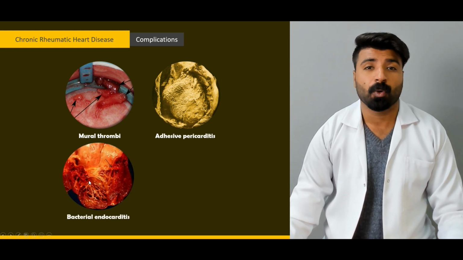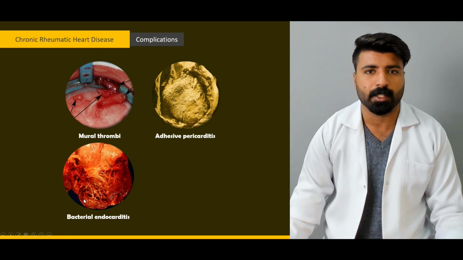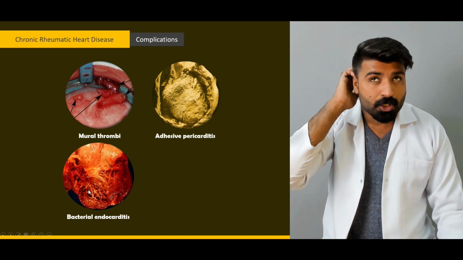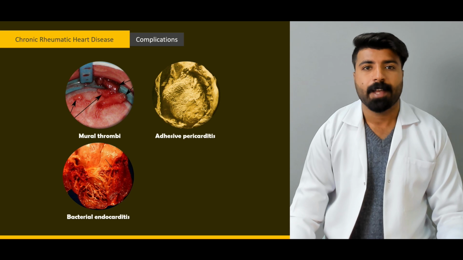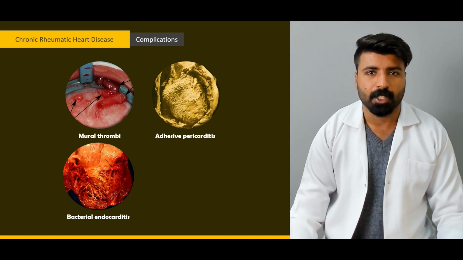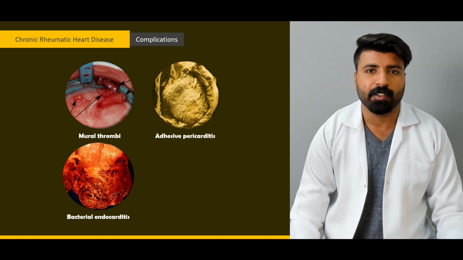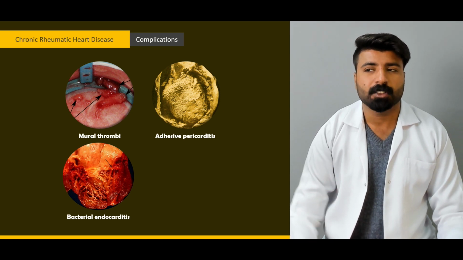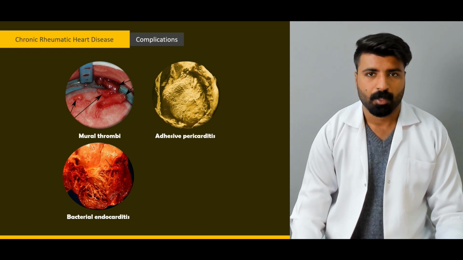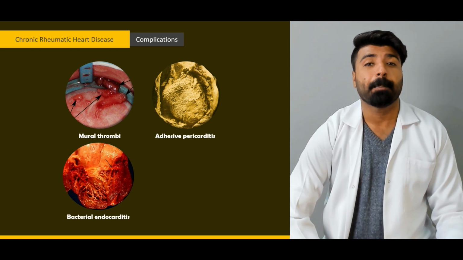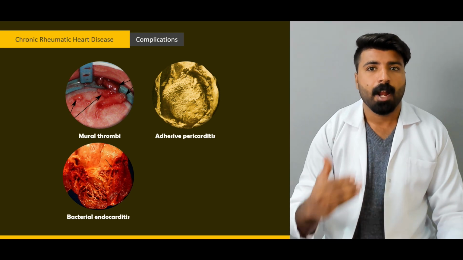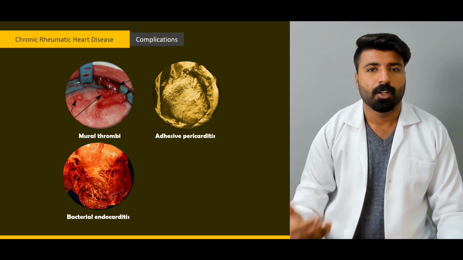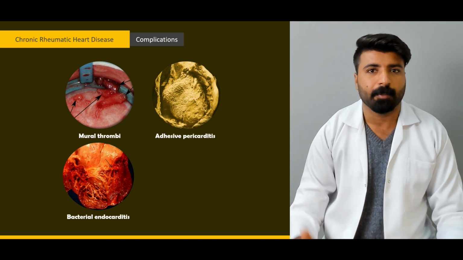Next on we have bacterial endocarditis. How does a patient with chronic rheumatic heart disease develop bacterial endocarditis? For example, a child of 9 to 10 years of age has reported with this kind of pathology, that patient has developed acute rheumatic fever. Now, if the patient is already suffering from acute rheumatic fever and afterwards that patient went for a dental procedure, that patient has exposed himself to bacterial antigen, so the bacterium.